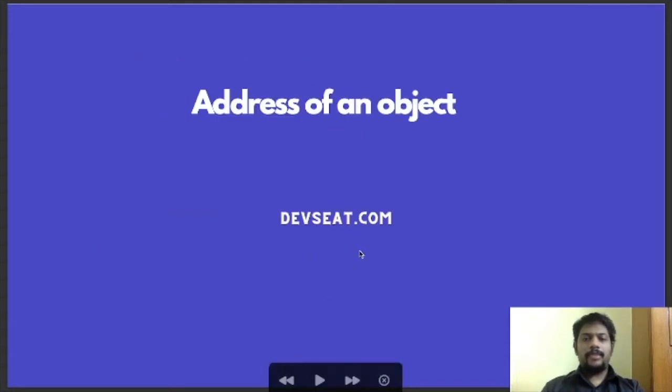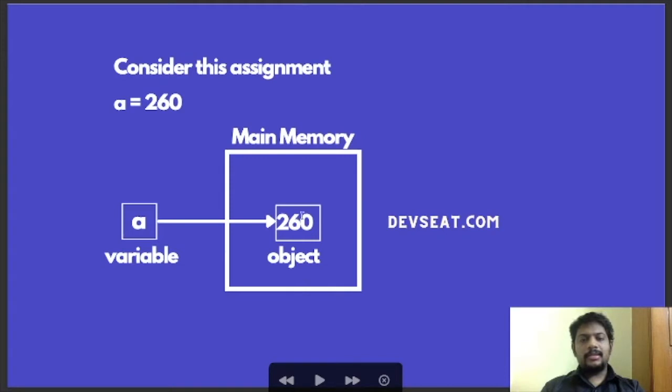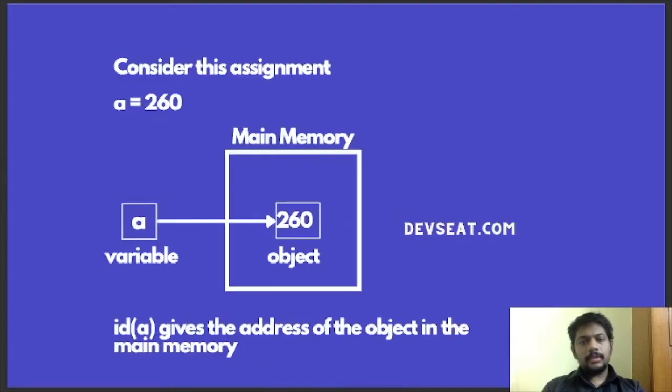Address of an object. This object will have a unique address in the memory. You can get the address of that object using id of A. If you type id of A, then you will get the address of that object in the main memory, and that will be unique to that particular object.